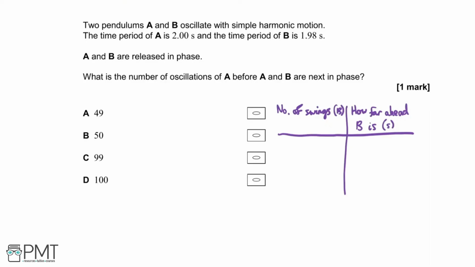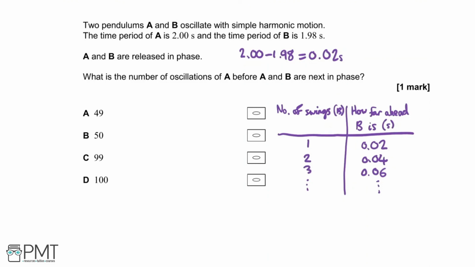But we've also got a column that tells us how far ahead B is in seconds. After one full swing, B is going to be 0.02 seconds ahead, because that's the difference between the two time periods. And then after two swings, it's going to be 0.04 seconds ahead, and so on.